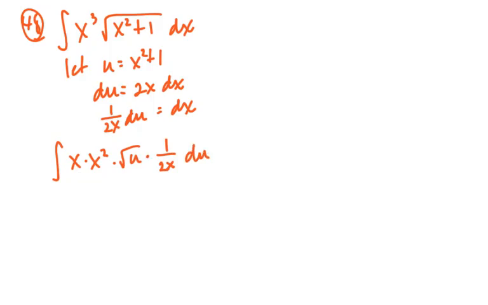Now I know that this x right here cancels with this x, but I still have an x squared left over, which works out well, because u equals x squared plus 1. So x squared equals u minus 1.